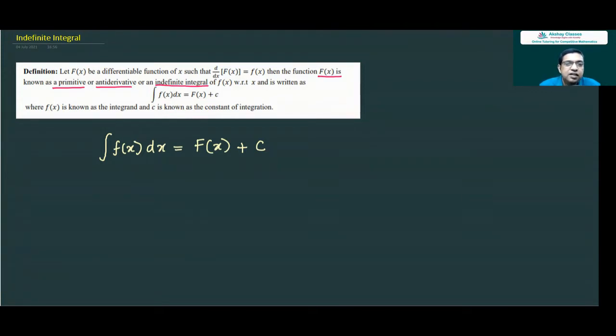So the function here that is being integrated, that means the derivative which is being integrated, is called the integrand. This is called the integrand, and this is called the integral. So the integrand is that which is being integrated, and this is the integral.